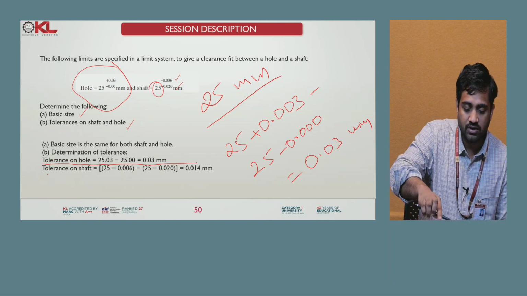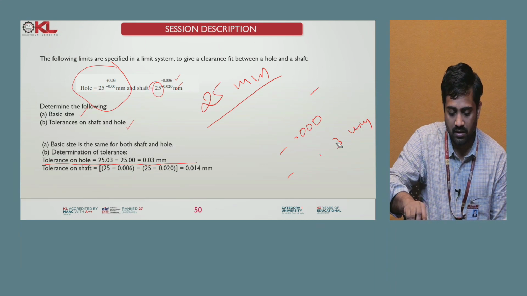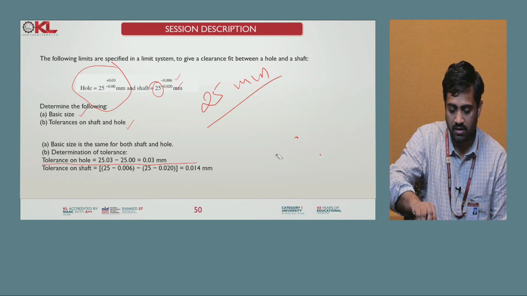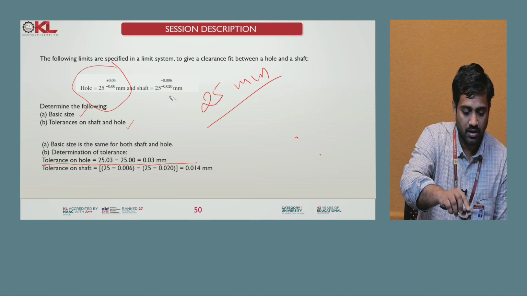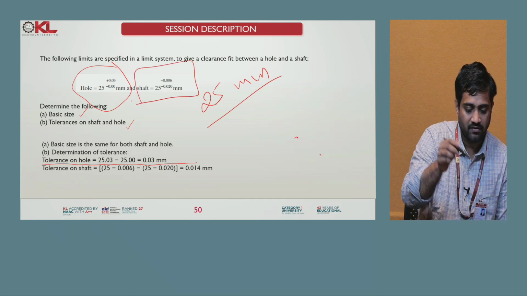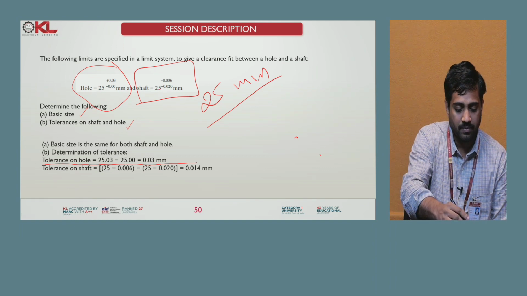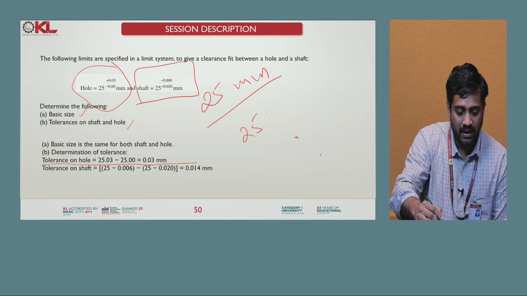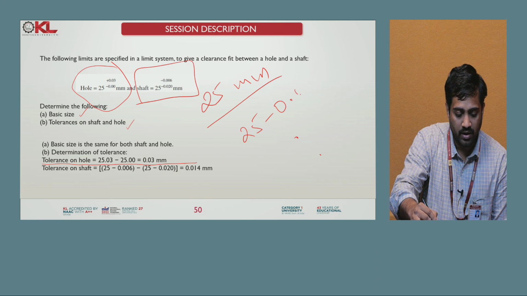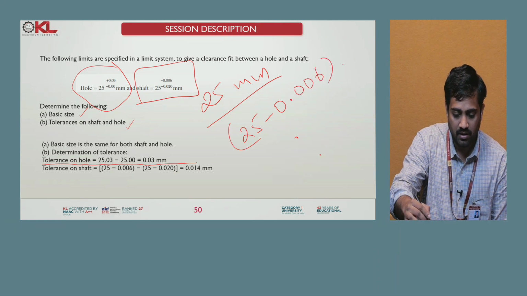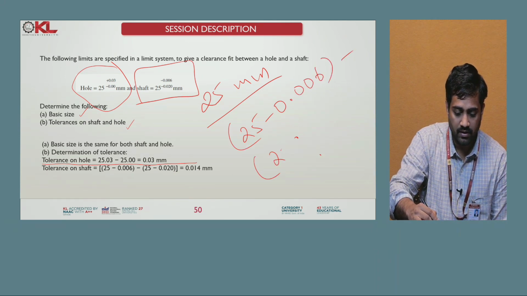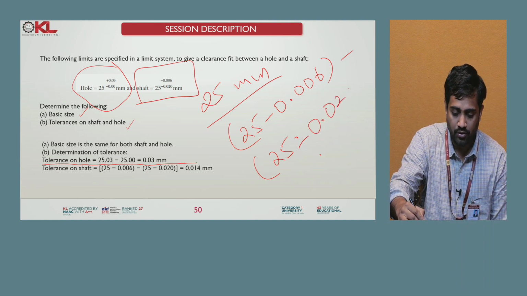Coming to the tolerance on the shaft, it will be 25 minus 0.006 minus 25 minus 0.020.